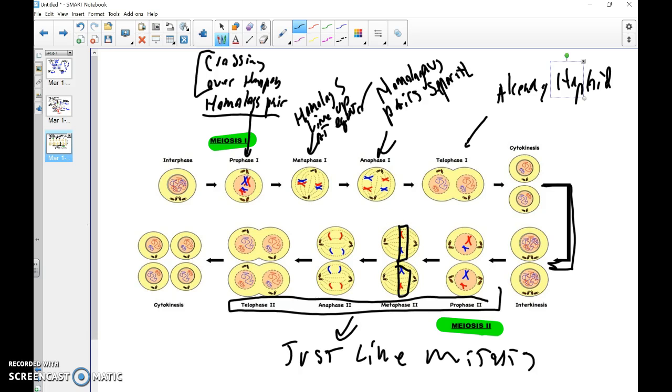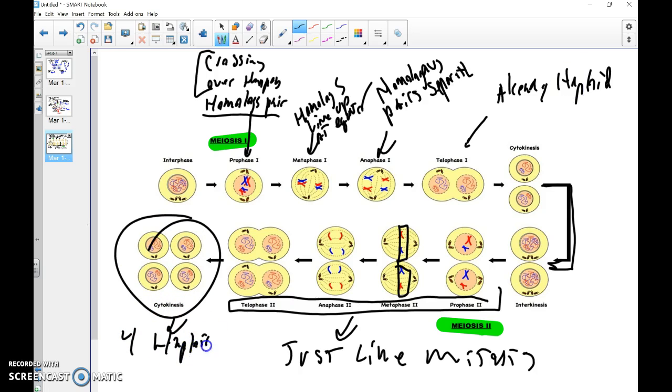Okay. During anaphase 2, sister chromatids are ripped in half. And then during telophase 2, the cleavage furrow happens so that the cell can split in two. The nucleus starts to reform, and the chromosomes uncoil. And then when you're done, at the end of cytokinesis, you have 4 haploid cells.